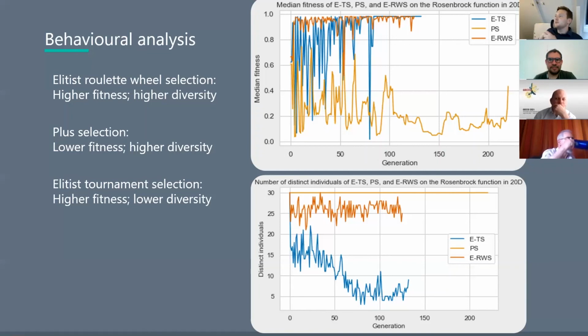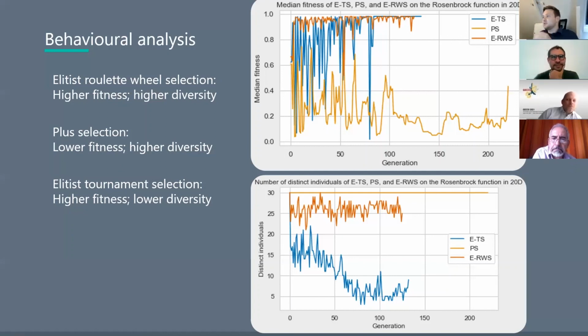The fitness of the plus selection is most likely, I cannot say for sure, more spread and has more diversity, which is also present in the bottom plot. Because there is more diversity, there's a larger chance of them being stretched out. The elitist roulette wheel selection also has higher diversity, but it is a bit lower. On average the median is 25.9 over the generations.